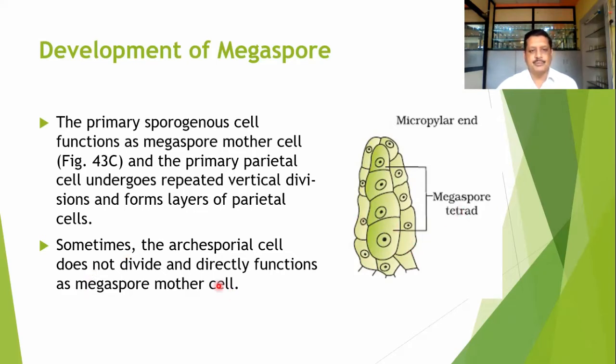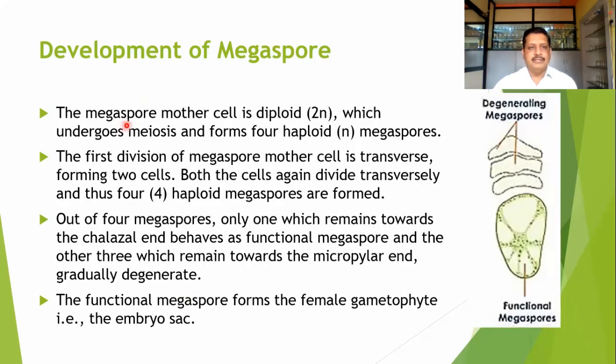Now these megaspore mother cells sometimes do not go into the divisional state, but can directly act as the megaspore mother cell. The megaspore mother cell is a diploid cell with 2n chromosomes, which undergoes meiosis and forms 4 haploid megaspores.